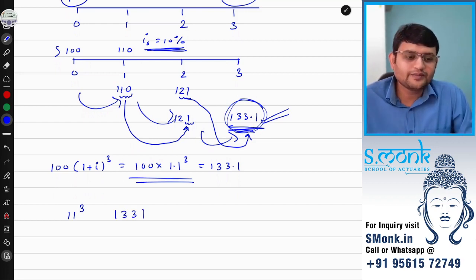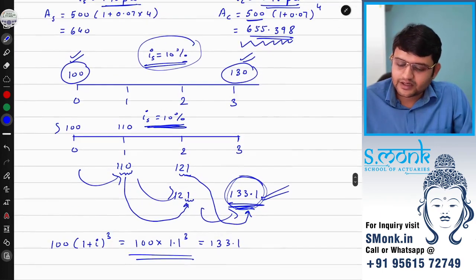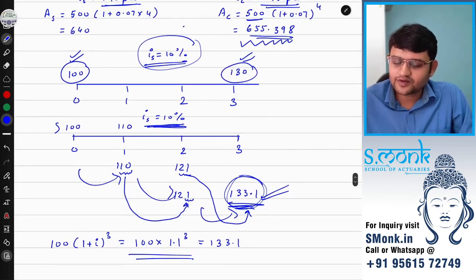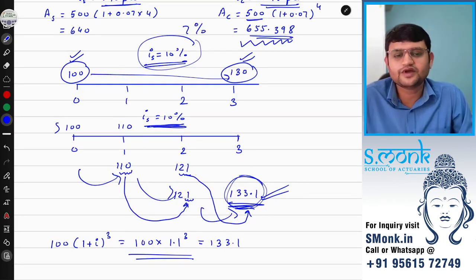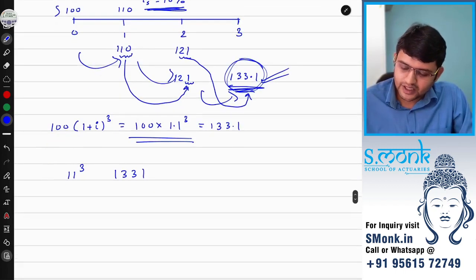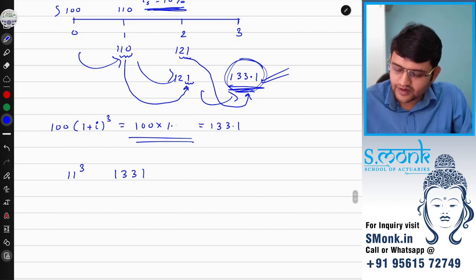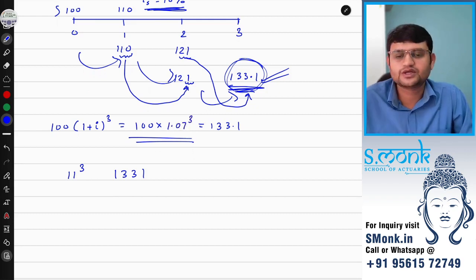But you can imagine that if I had 7% here, I could still do the calculation very easily. 7 into 3 would be 21. The calculation for simple interest would be very easy. But if I had 7% here, I would have 1.07 raised to 3.